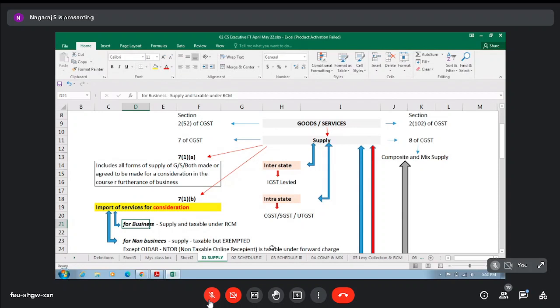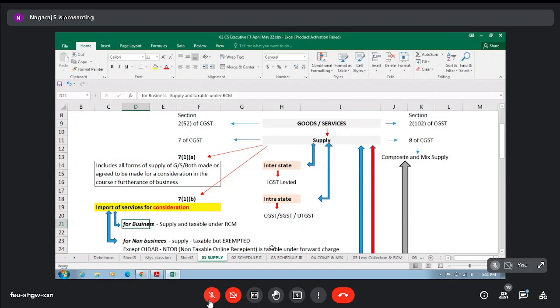You are a taxable recipient or non-taxable recipient? You are a non-taxable recipient. That means you are not doing any business. It is for personal use. And you are the online recipient; without internet, you can't use that.